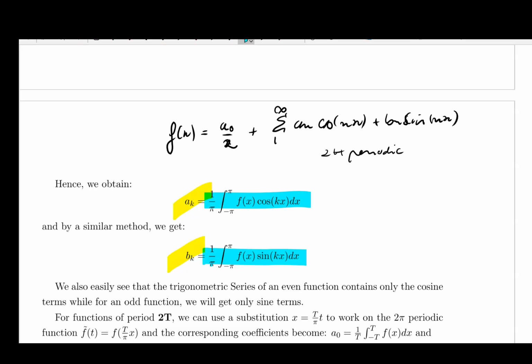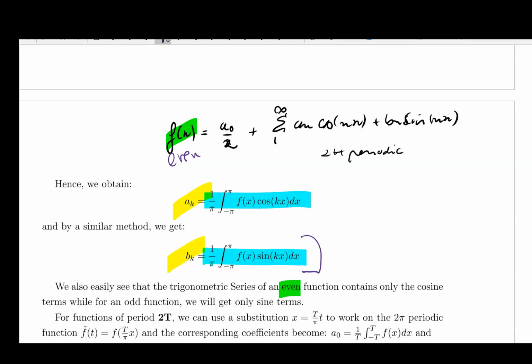Some very direct result is that if your function f is even, what do you get? Every time you perform this integration, you've got an even function times sine, which is an odd function, and you're integrating on a period centered at 0.